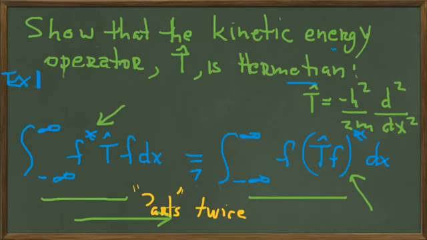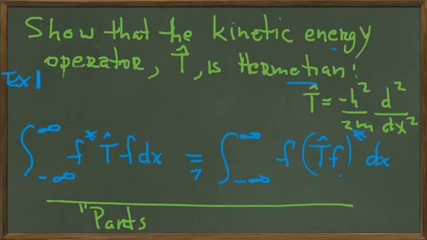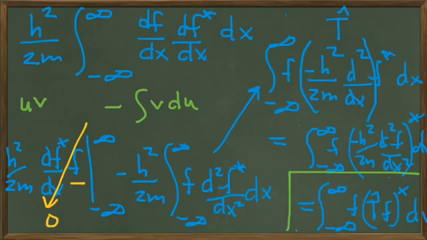We applied the parts technique twice to do that, and we showed that the asterisk that was here goes away, and this t applied to f, which didn't have an asterisk on it, we showed that we can transform it into it having that asterisk, and that was this final step here.